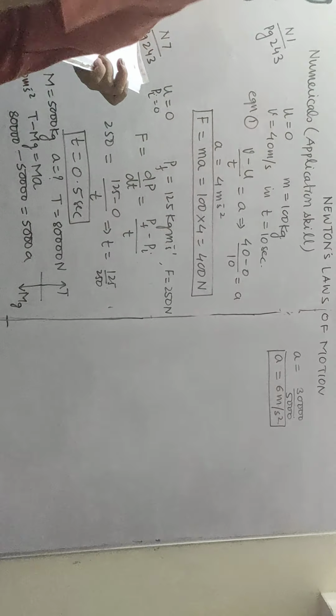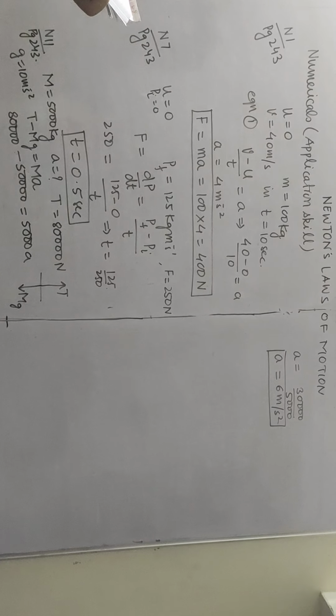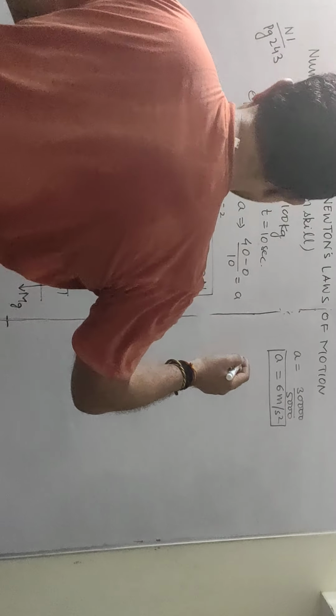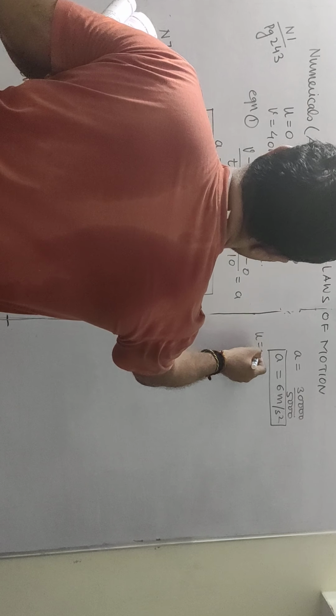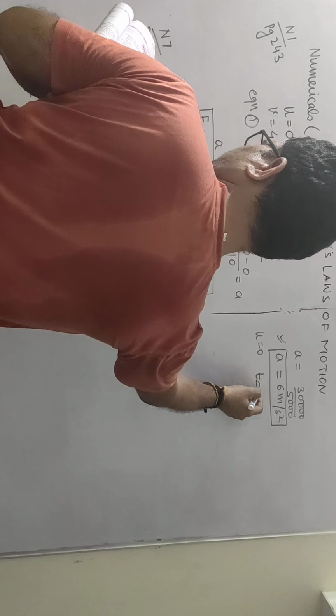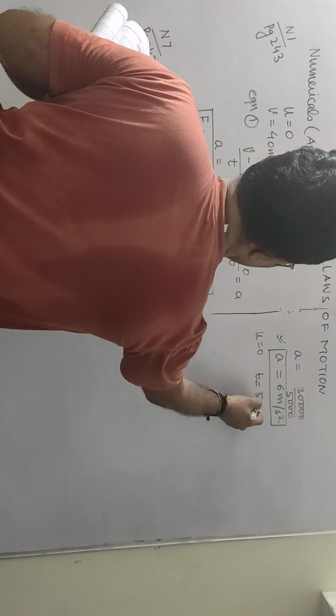Now the second part of this question, starting from rest, how much distance will the lift cover in 5 seconds? u is 0, acceleration is given, time is given, 5 seconds.